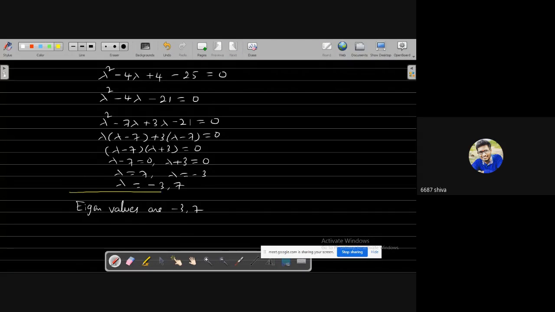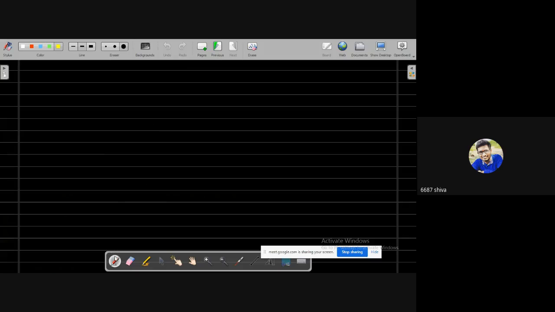No, sir. Now you got the eigenvalues. Next we'll find the eigenvectors. Don't expect eigenvalues always to be real numbers. Sometimes you may get complex numbers also. The procedure is the same.